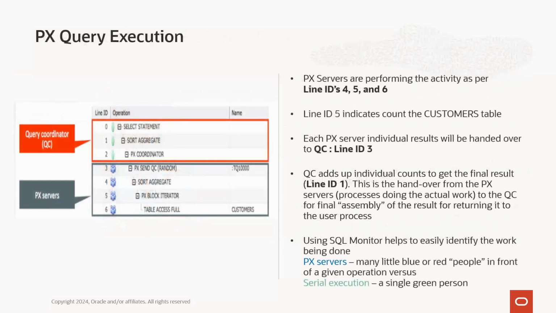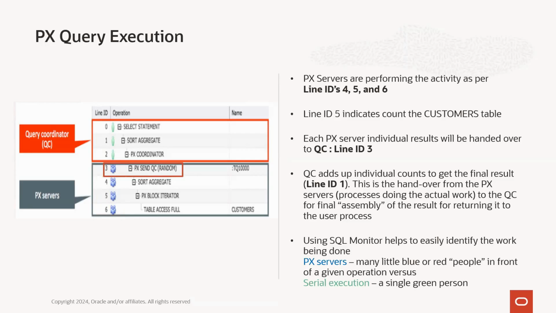Now we can see how the query coordinator and PX servers look. PX servers are performing the activity as per line IDs 4, 5, and 6 here, for the customer table. Line ID 5 indicates it is doing a count from the customer table. Each PX server's individual results will be handed over to the QC, which is line ID 3.